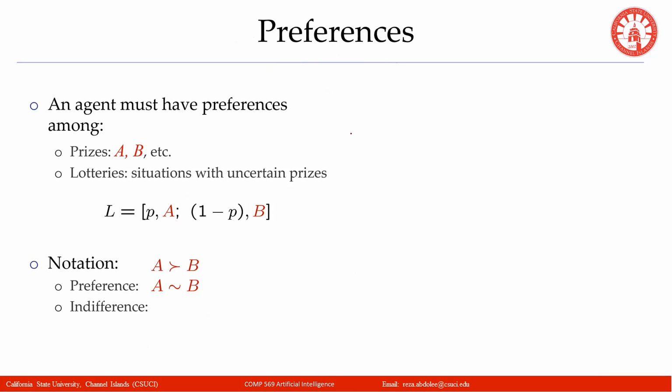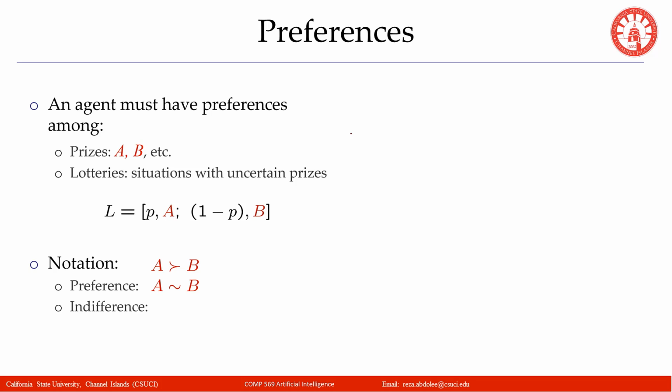So we talked about preferences. We said that these preferences can be represented in real numbers. So let's define some notation for it, and then define a systematic strategy to define those preferences and find a relation between utilities and preferences.